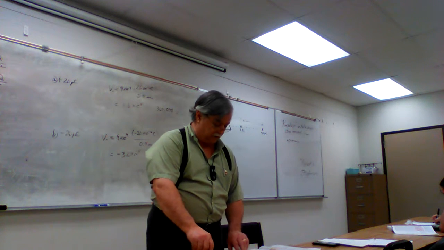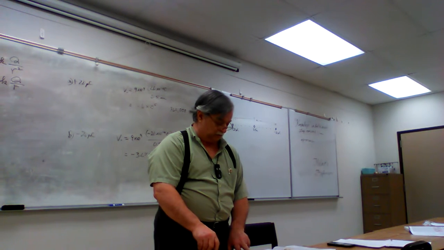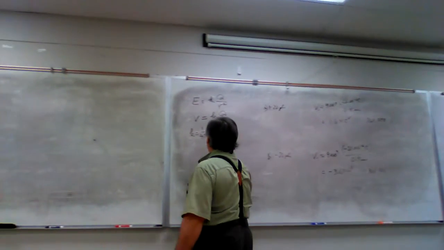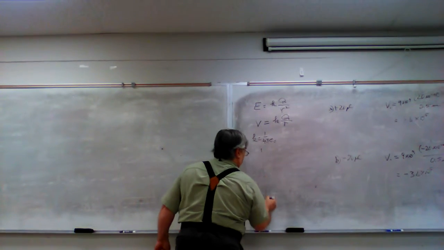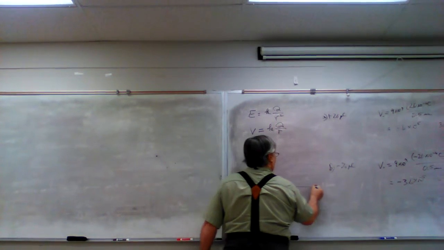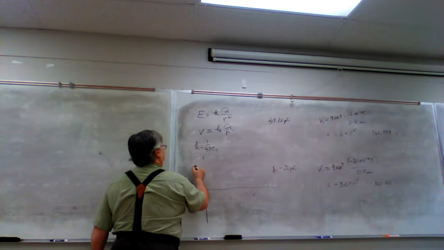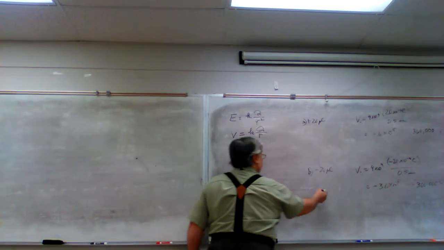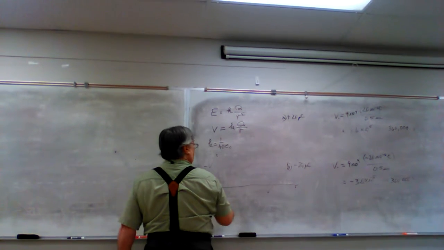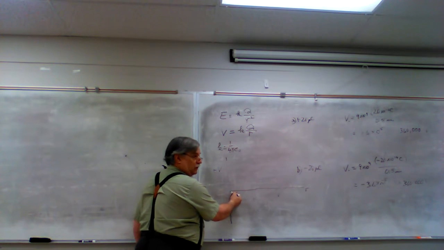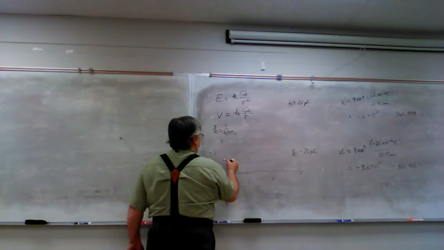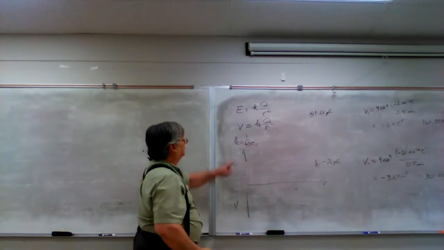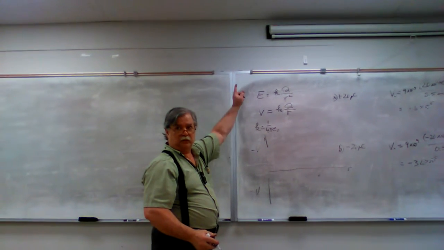If you look on the bottom in the column of 479, it gives you a graphical representation of how this 1 over R potential changes. As your distance gets smaller, as you get closer and closer to 0, your potential goes through the roof, just approaches infinity.